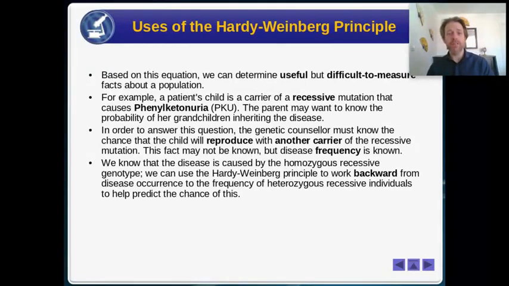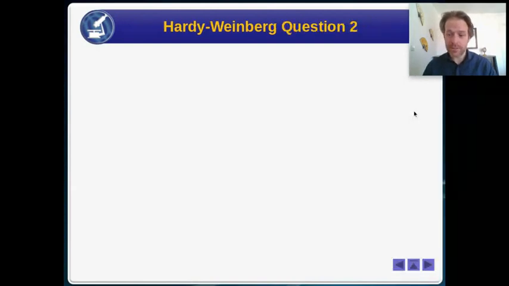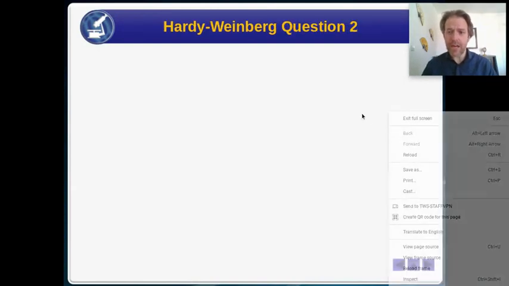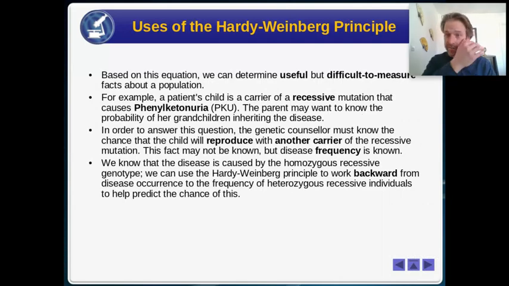If it's not picked up quickly, children who have this disorder develop brain damage very, very quickly. It's very simple to treat. You just give them supplements, enough phenylalanine in their diet, and then they're absolutely fine. They develop normally, but you need to identify them.